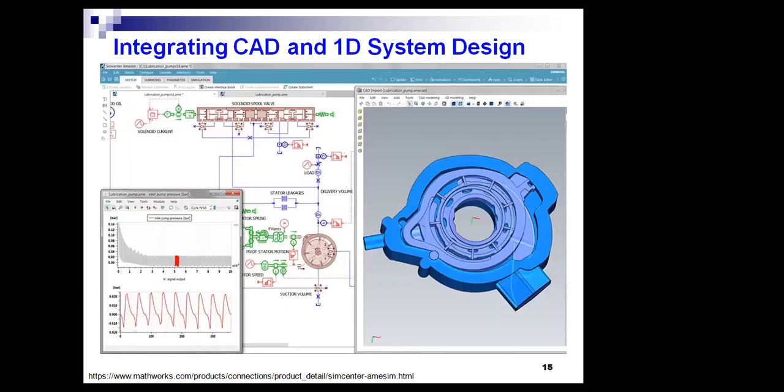So this is another example where the 1D simulation approach is connected or integrated with the CAD system. The 1D approach is connected with the 3D environment.